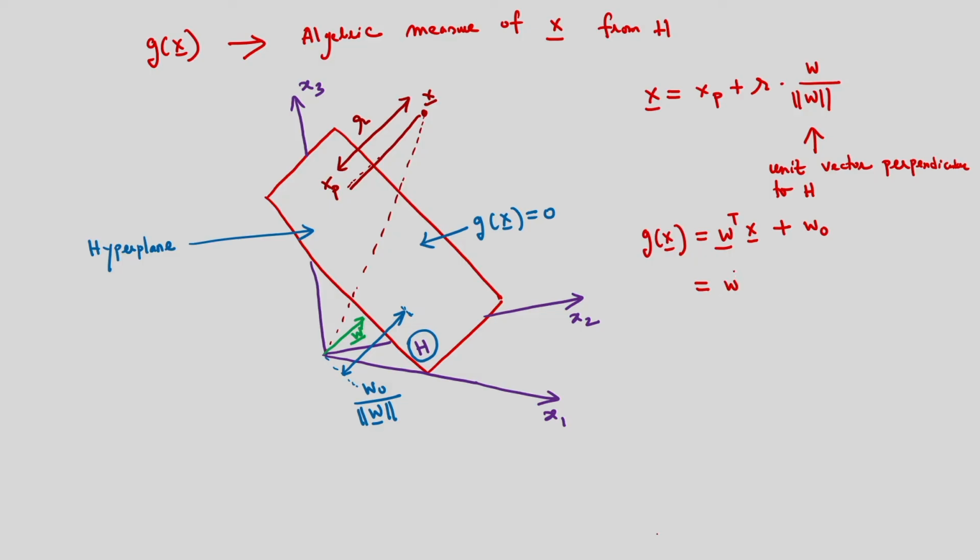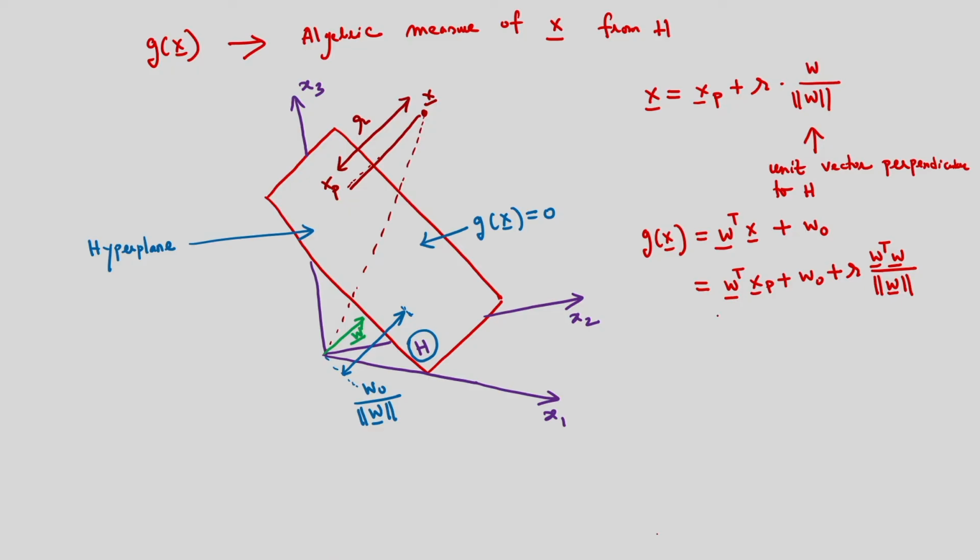So it is W transpose XP plus W naught plus R W transpose W over W norm.